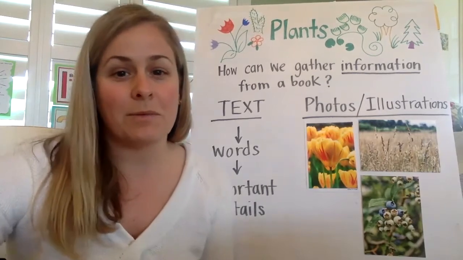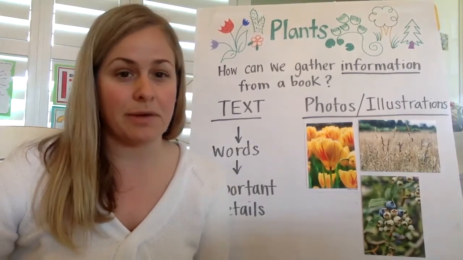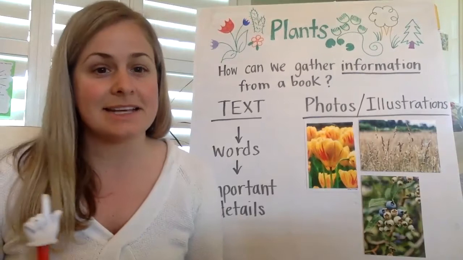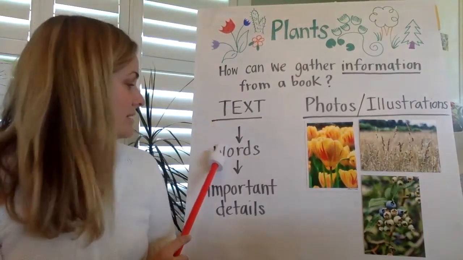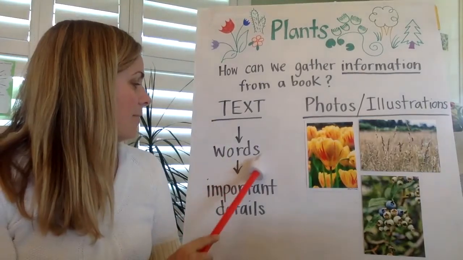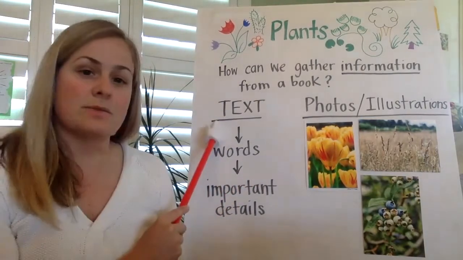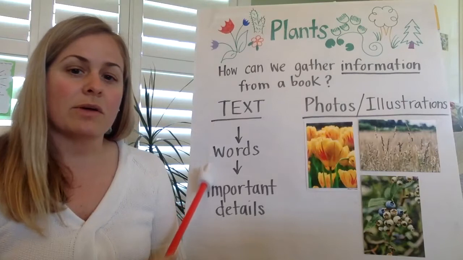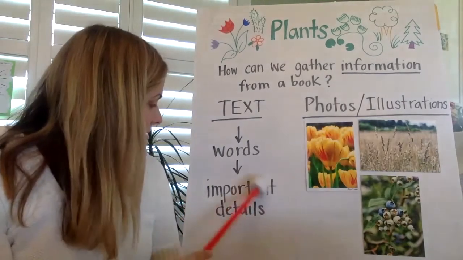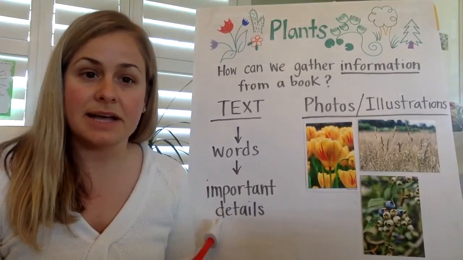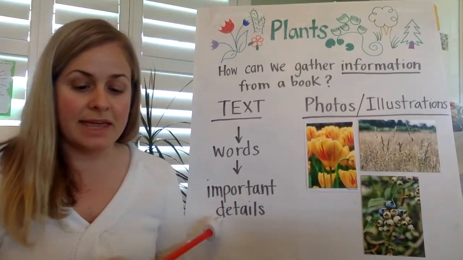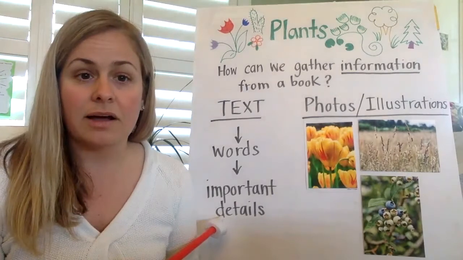Remember that when we are reading information from a book, we're going to be looking for text, and text is the words that the author writes. So the words in the book that tell us about the plants we are reading about. We're going to look for the important details, and sometimes those important details might be in a caption or a title. They could also be in a label of a plant.